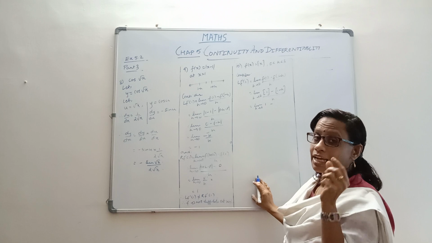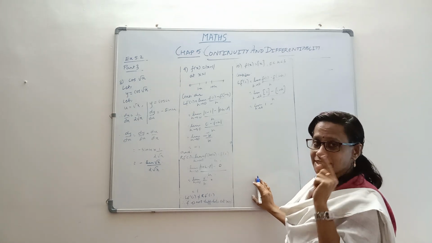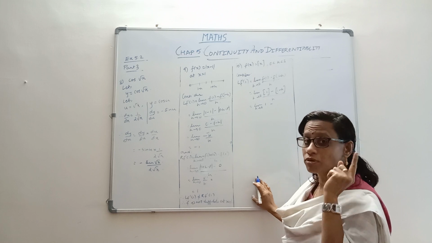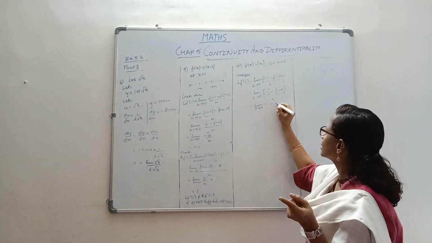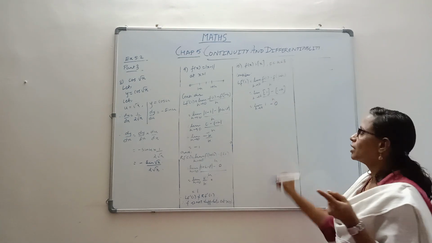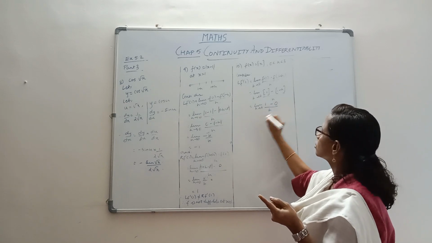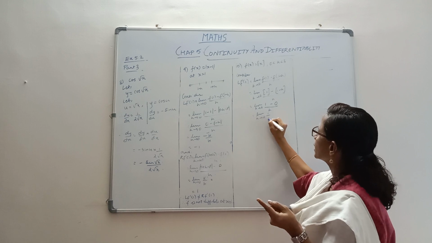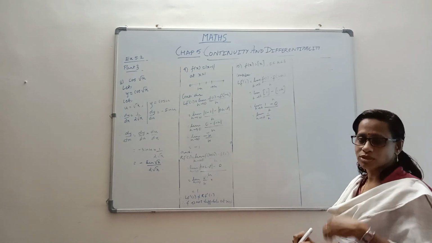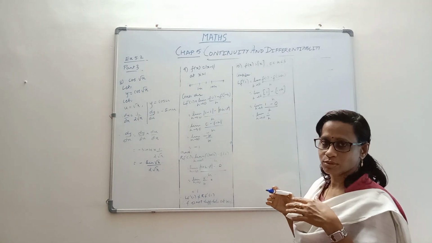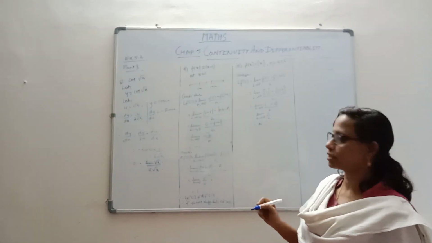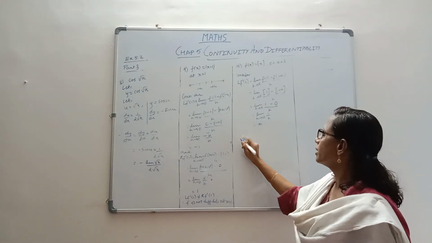Then the greatest integer is going to be 0, because it is the integer before this number. So you're left with limit as h goes to 0, 1 by h. H is going to 0, something like 1 by 0, which is not defined. So that's how you get the left limit.